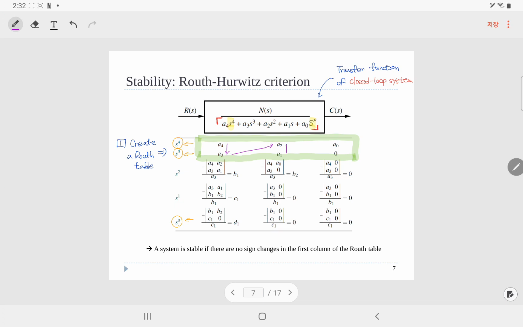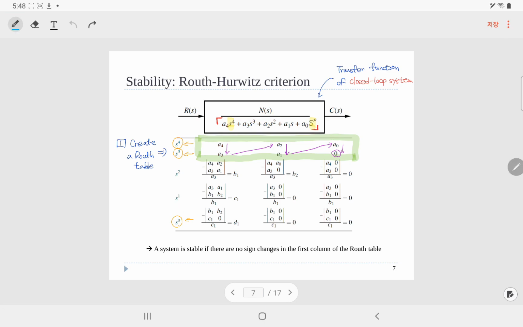And then A1 is here, and A0 is here. And the last one is filled by 0.